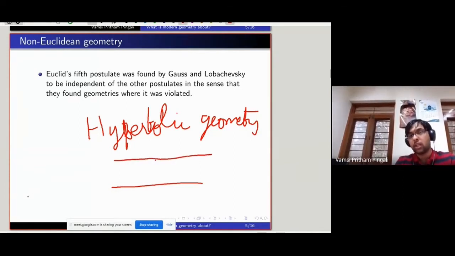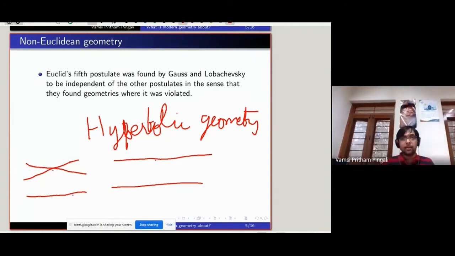In hyperbolic geometry, through every point not lying on the line, there are at least two straight lines that are parallel to this. So if you replace Euclid's fifth postulate by this and keep everything else intact, then you get hyperbolic geometry. And hyperbolic geometry is a very, very weird geometry. I mean, obviously you can see it's rather strange.